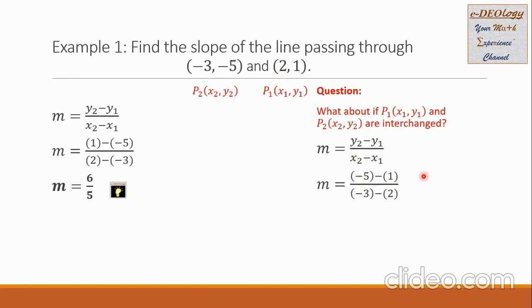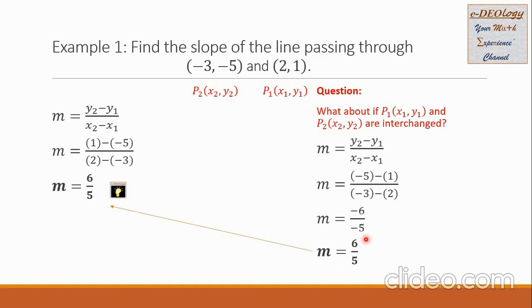Then let us simplify the numerator and denominator. Negative 5 minus 1 equals negative 6. Negative 3 minus 2 is negative 5. When we divide a negative by a negative, the answer is positive. So our slope here is positive 6 over 5.